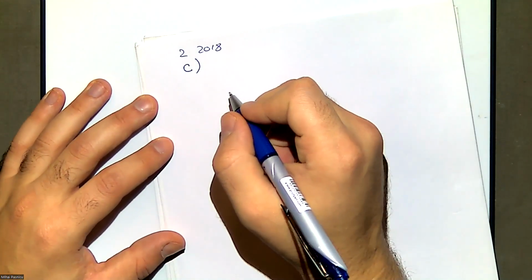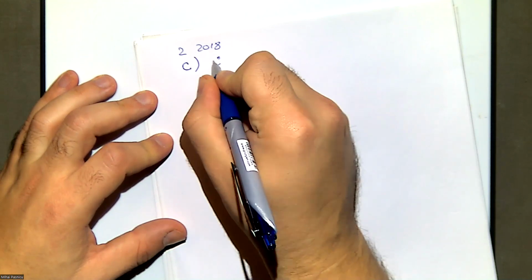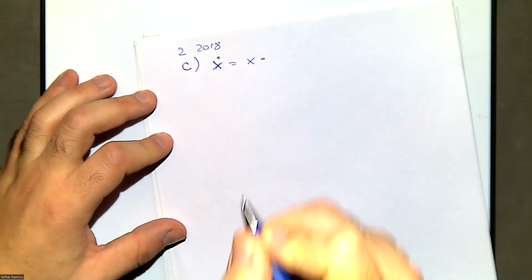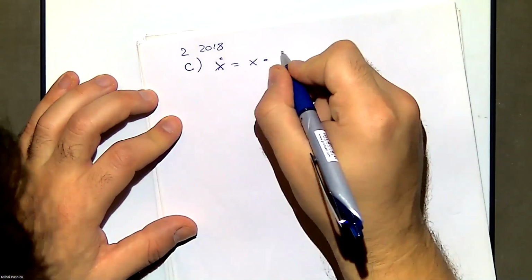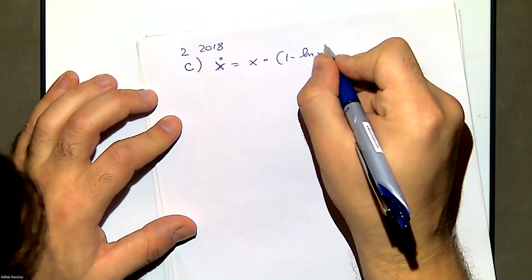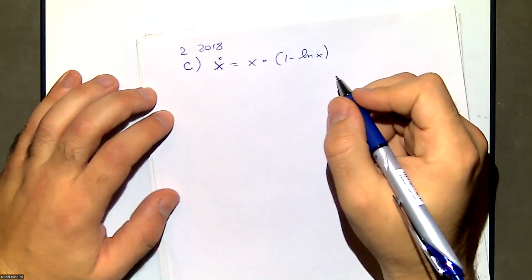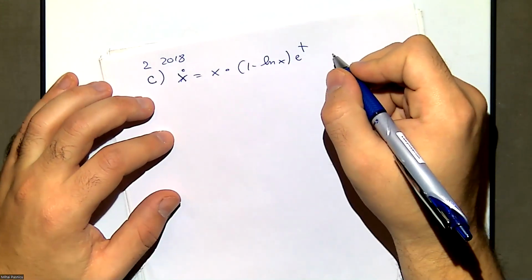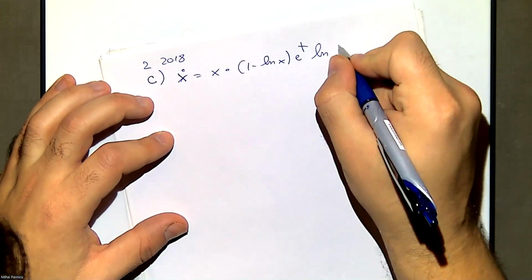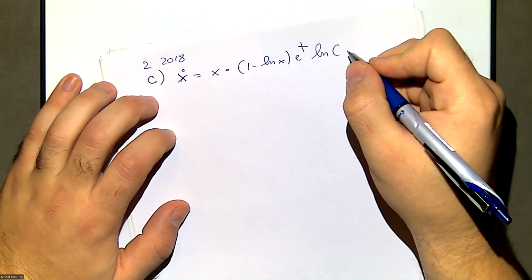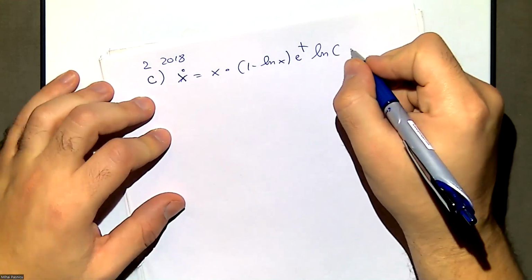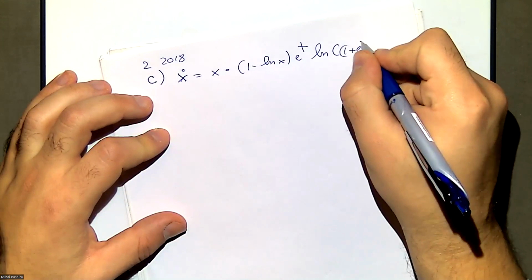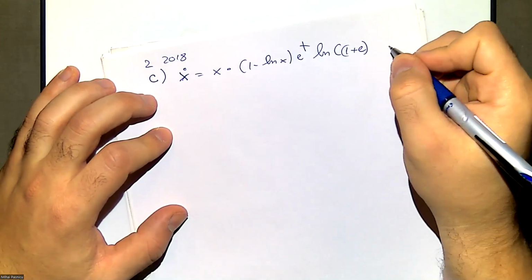It was x dot is equal to x times (1 minus ln of x) times e to the power of t, ln of... what is that? Okay, I am starting to think this is not a good idea. This looks very ugly.